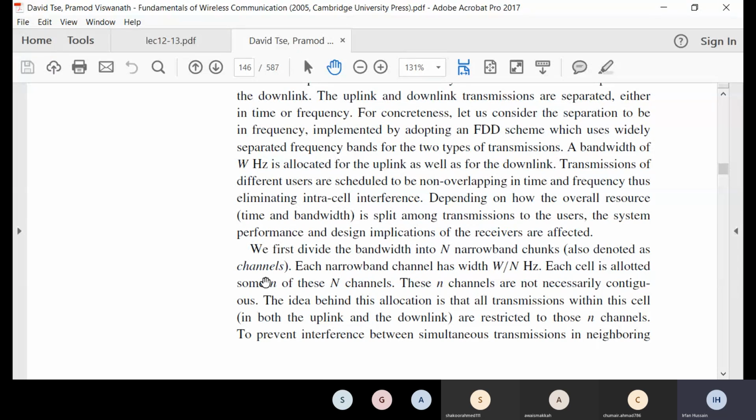Each cell is allotted some n of these channels. So let us say you have these N narrowband channels, let us say 10, and my cell will be given 4 of those 200 kilohertz channels. They might not be contiguous or continuous. For example, I give 200 kilohertz at 950, and the other is at 950.2. No, that is not necessary.